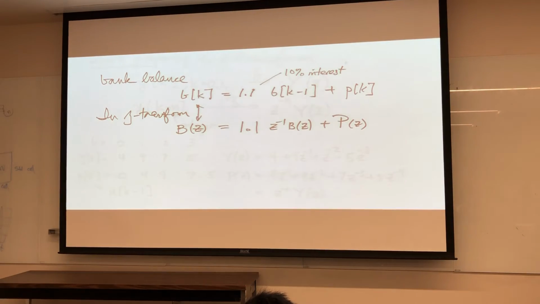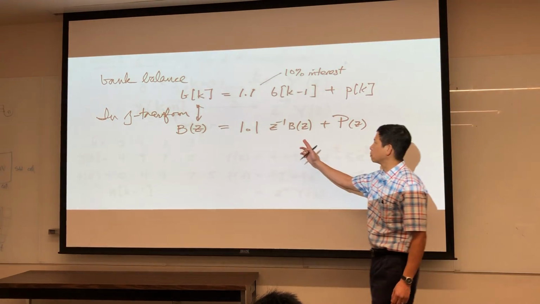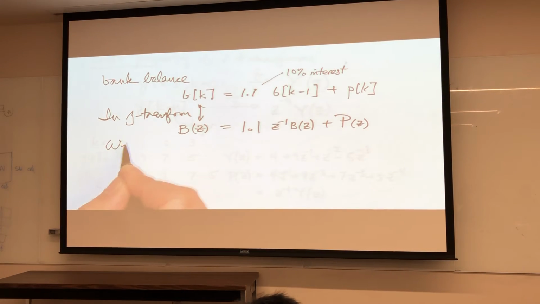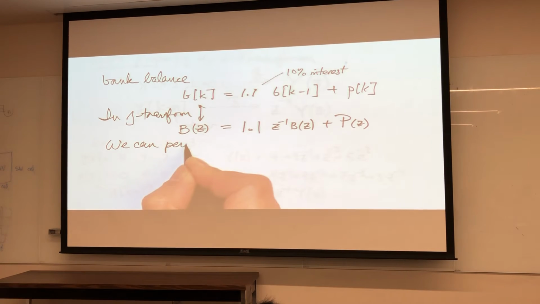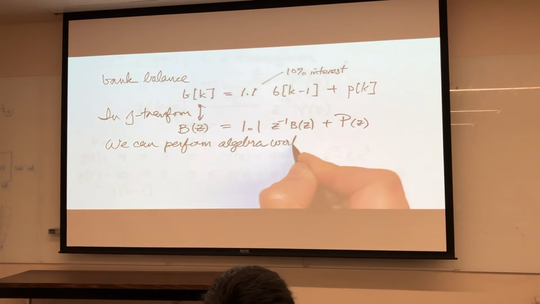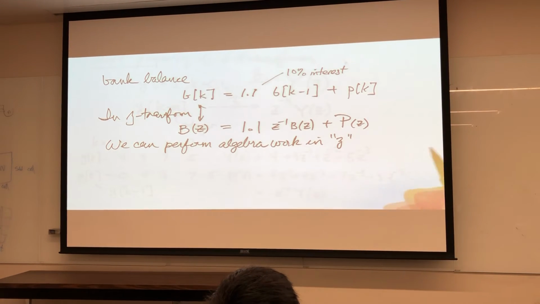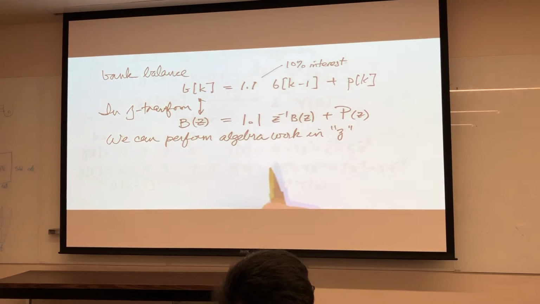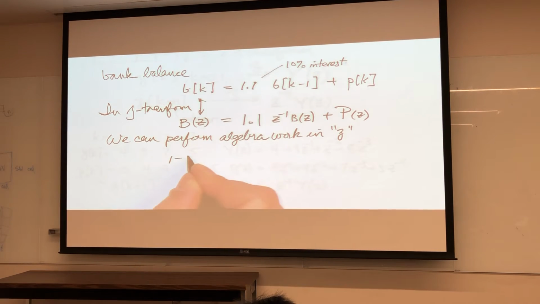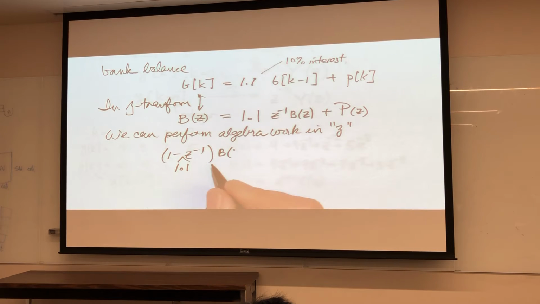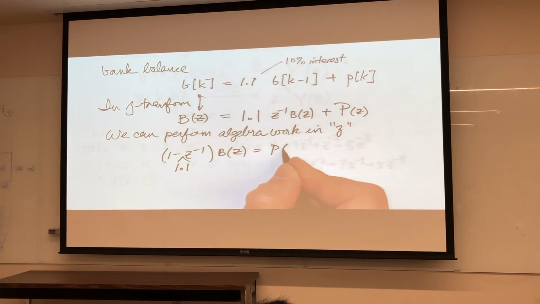And now we can do algebra, just like we do Laplace transform algebra, except now we do algebra in z. So we can perform algebra work in z. For example, I could take all the terms involving B and move them over together. What I get is 1 minus z to the minus 1. Oh, I'm sorry, there's a 1.1 that should be squeezed in there: 1 minus 1.1 z to the minus 1 times B of z is equal to P of z.